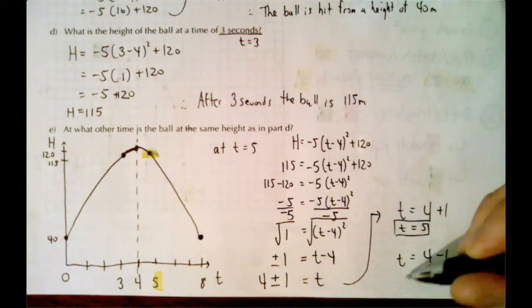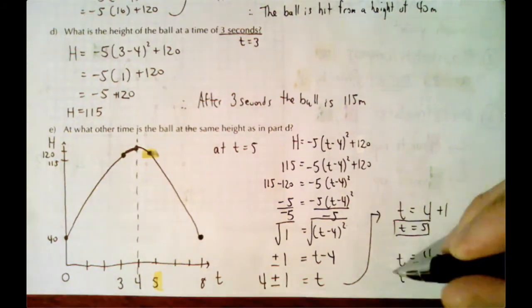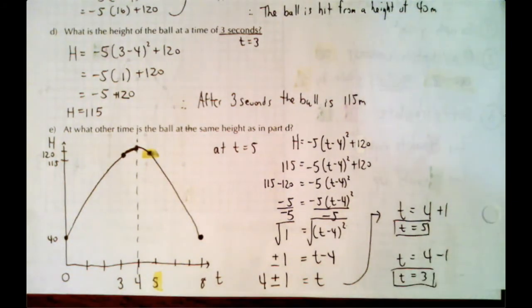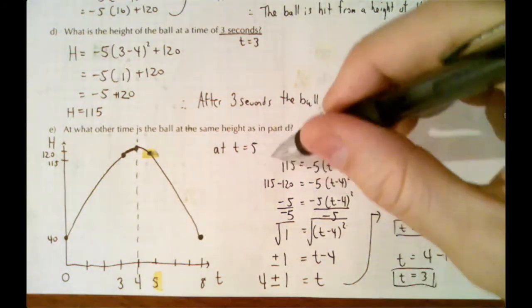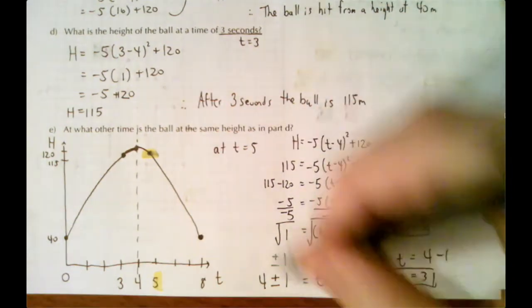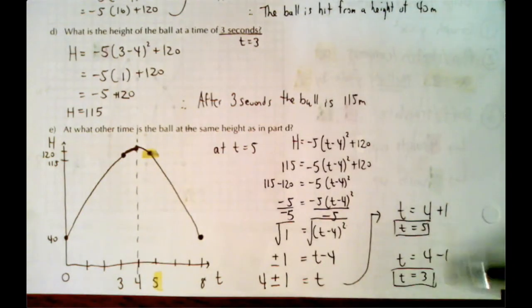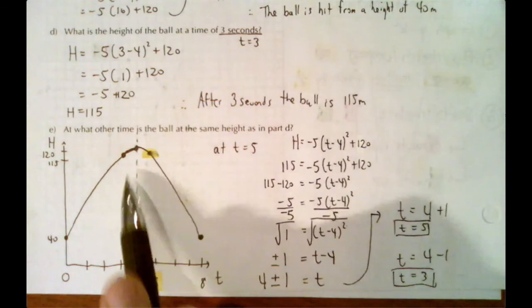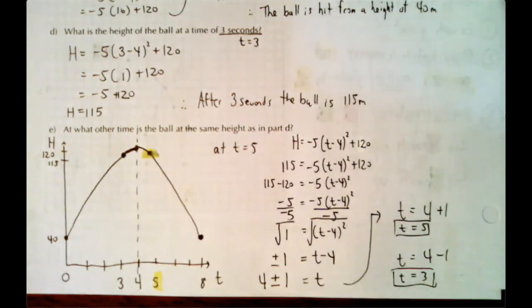And 4 minus 1 is 3, there's your other time. This is how the math gives you your two answers. This is how the graph gives you your two answers.